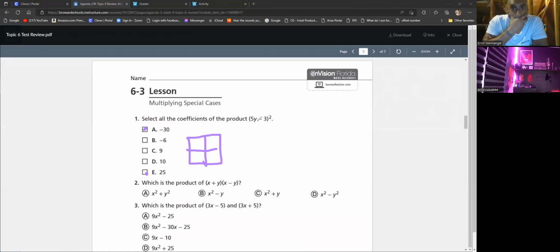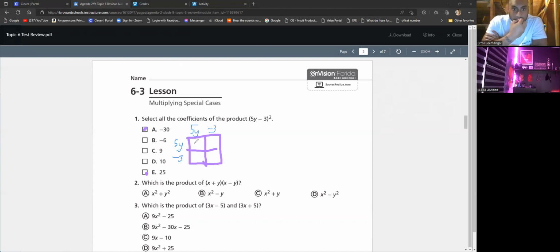It's basically 5y, negative 3. On my paper I put the 3 up here, but I don't think that really mattered.